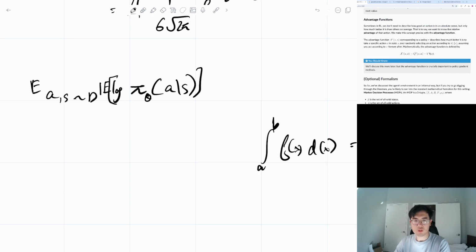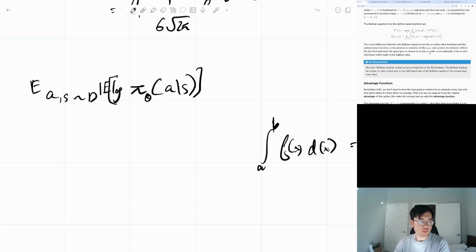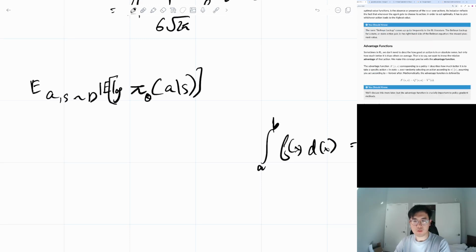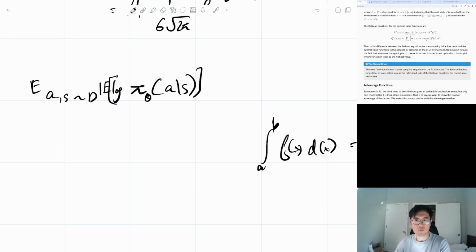This is the advantage, how much better an action is. We're randomly selecting according to some policy. What's the average?